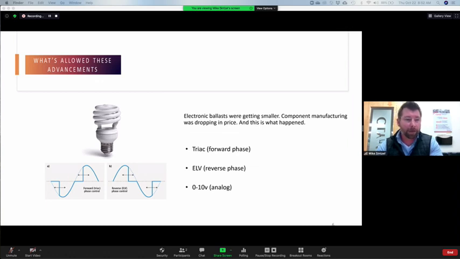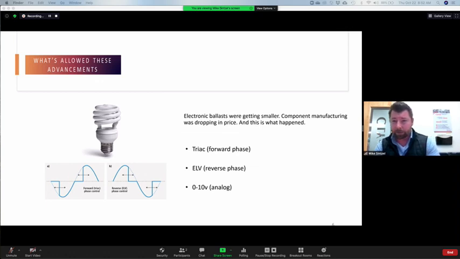I say protocol, but it's not really a protocol. It's just an analog signal. And we'll get into some of the protocols, what the difference is between protocols and dimming technology.